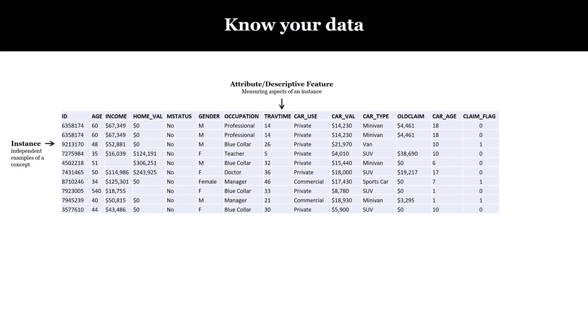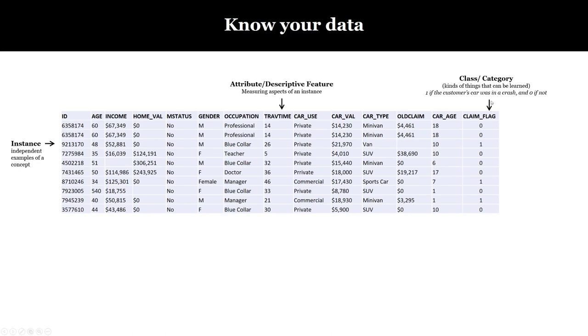In this case, how much is the value of his home or her home, married or not, whether it's a male or female, the profession, the occupation, the travel time per day, the average travel time, the car use, whether it's private or commercial, the car value, how much it is, type, a minivan or a van or a sport car, whether there is an old claim and the amount of the old claim, how old is the car, and then we have an important column here which represents the class or the category.